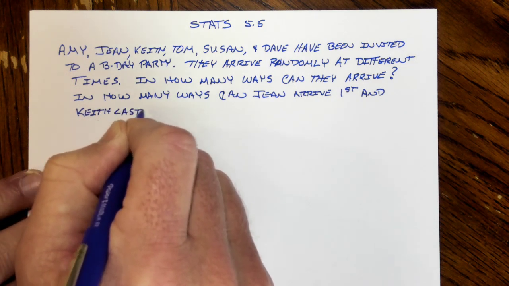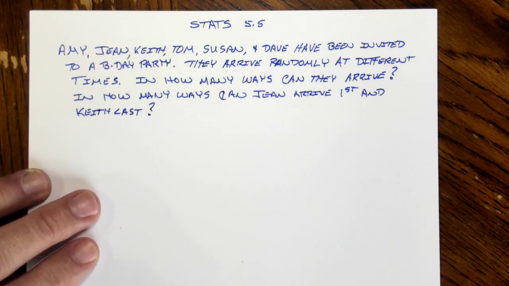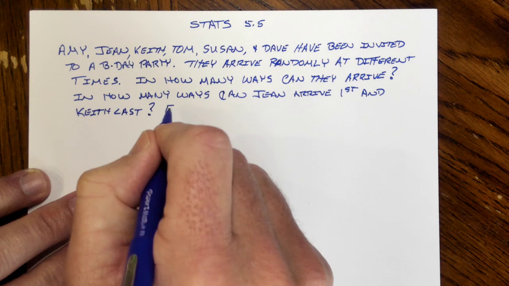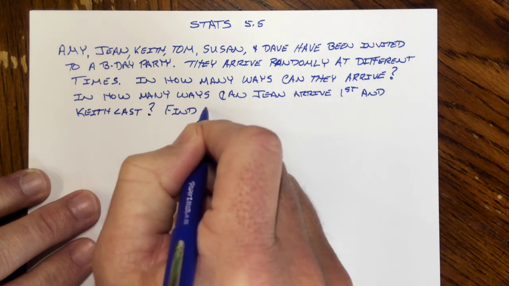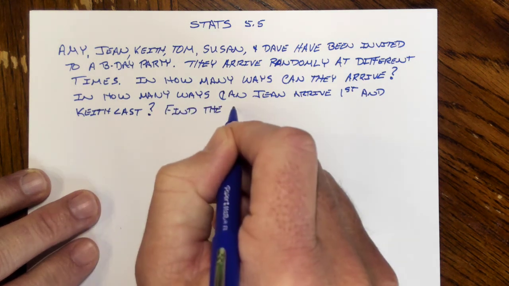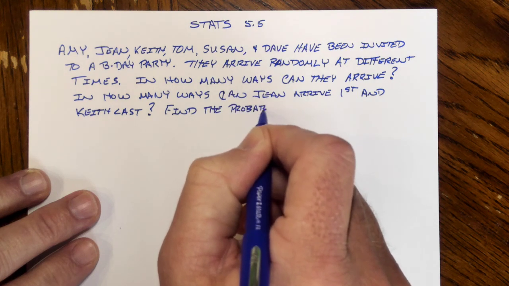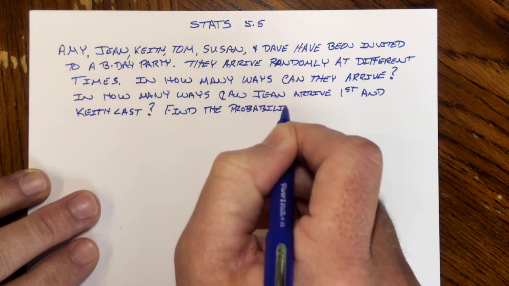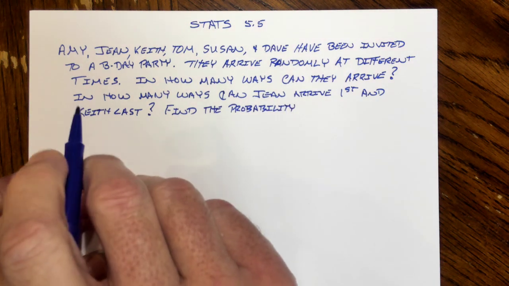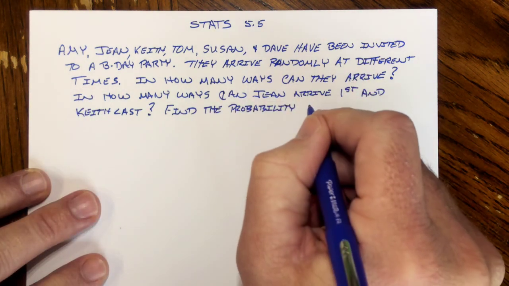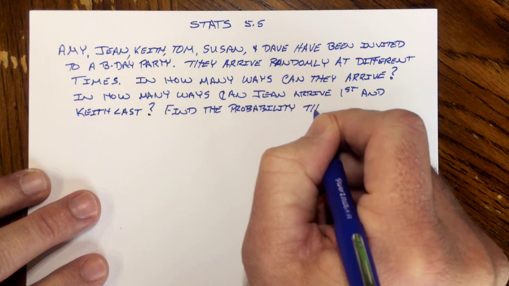And finally, find the probability that Jean will arrive first and Keith last.